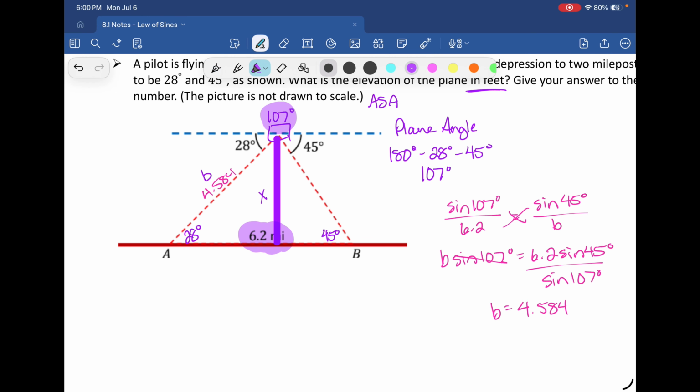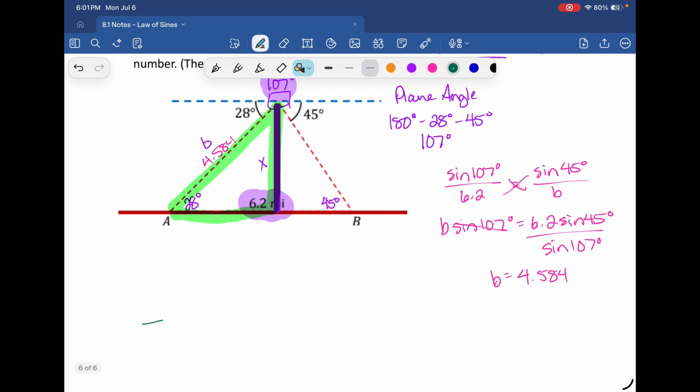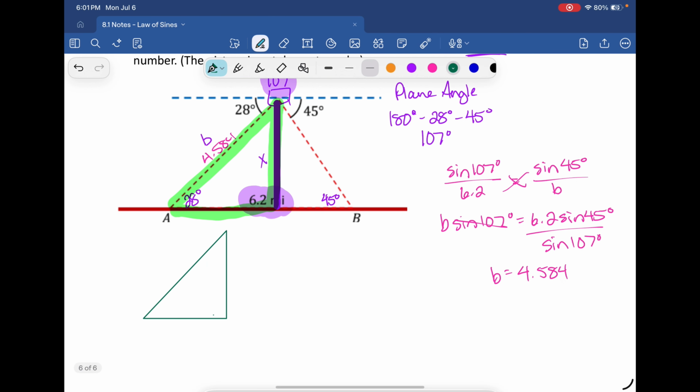And that gives me a right triangle to work with. I want to draw that right triangle. For me, it helps me. 90 degrees. That angle is 28 degrees. Hypotenuse is 4.584. And we're finding the altitude.